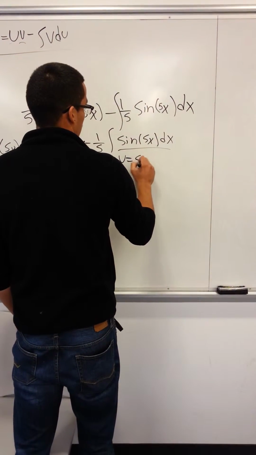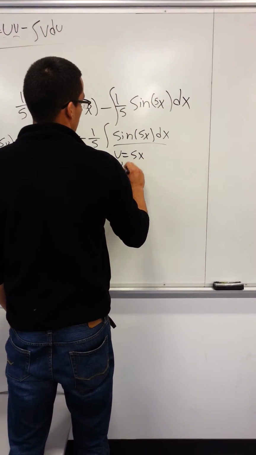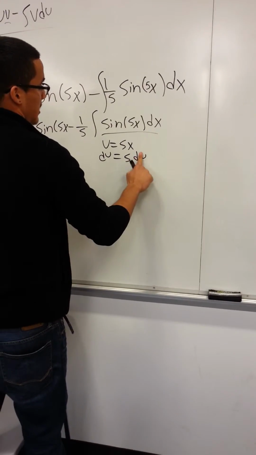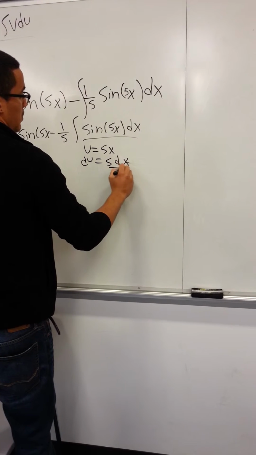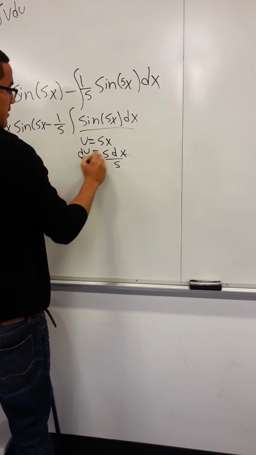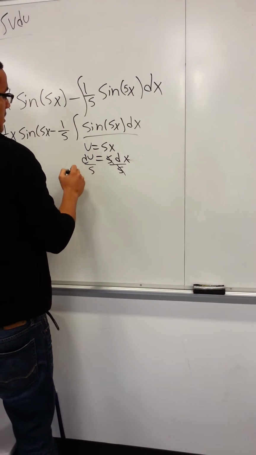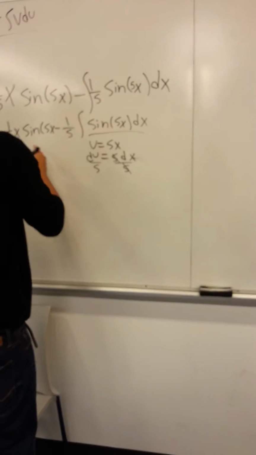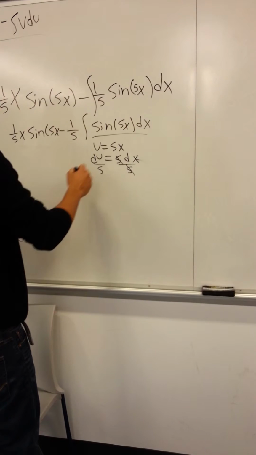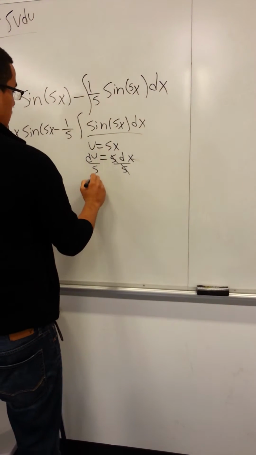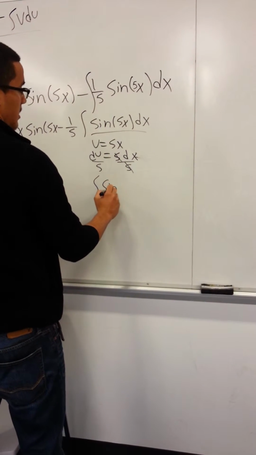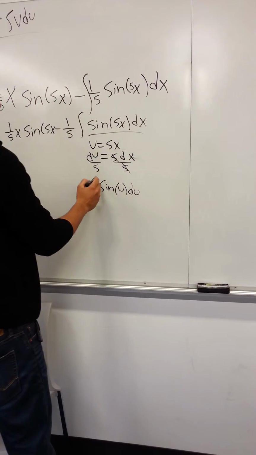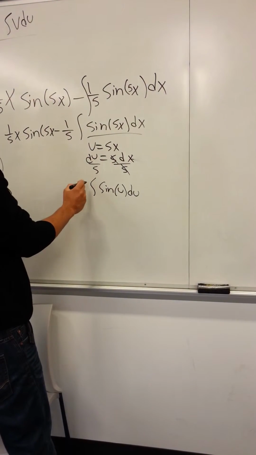We're going to let u equal 5x and du equal 5 dx. And then we're going to again divide both sides by 5. So this is going to be 1 over 5 times du is equal to dx. So now, same thing, we're going to get the integral of sine of u du, and we have the 1 over 5, we're going to bring it out.